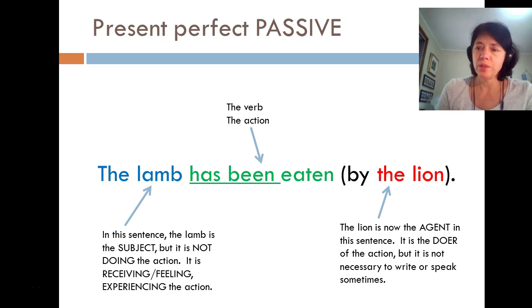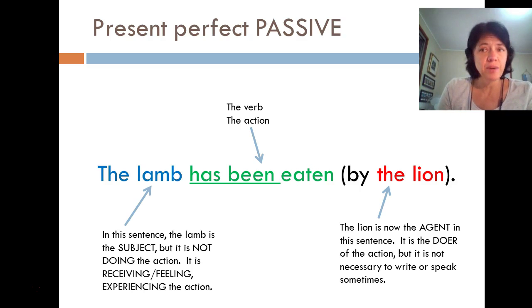How about we put this same sentence into present perfect? The lamb has been eaten by the lion. Notice again, you change the form of be, but eaten, the past participle, does not change.